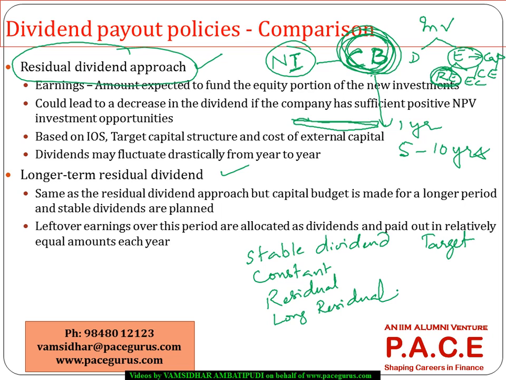Each one has its own advantages and disadvantages, and it is heavily dependent on various other factors like clientele proportions, taxation and future investment opportunities. All these things play a role in deciding the dividend policies.